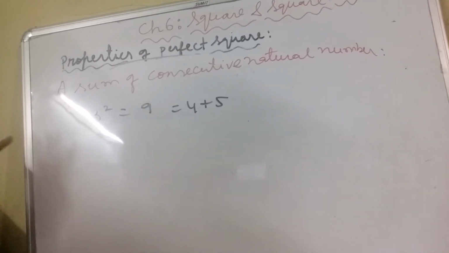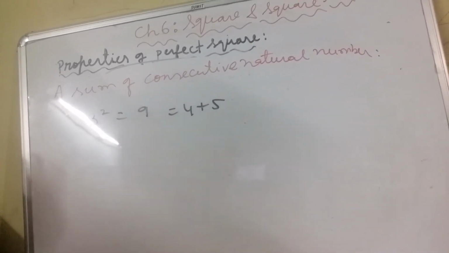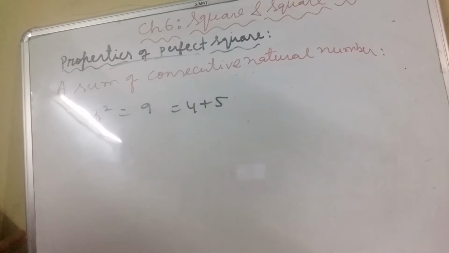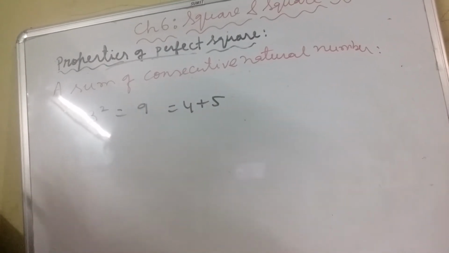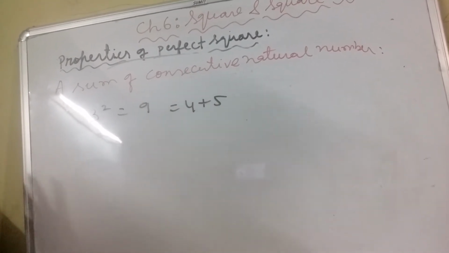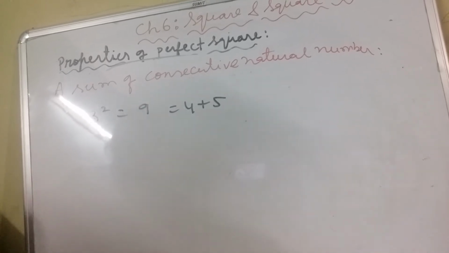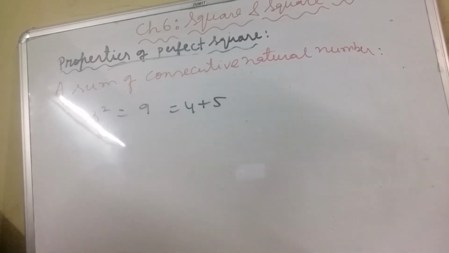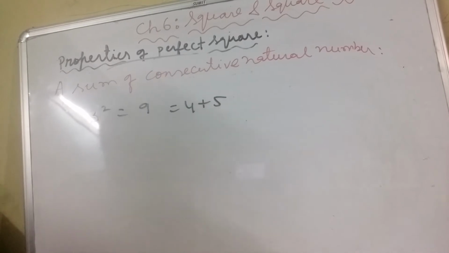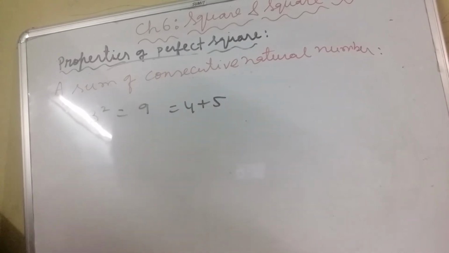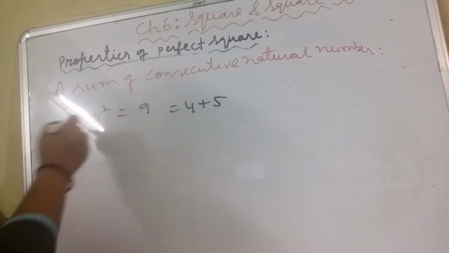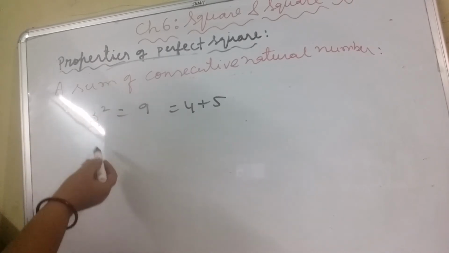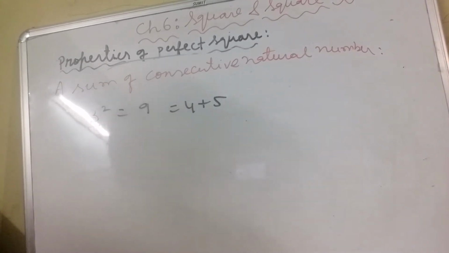The next pattern or property that we will study is the sum of consecutive natural numbers. The square of any odd number can be expressed as the sum of two consecutive positive numbers. Take an example, 3. 3 is an odd number. 3 square is 9, and 9 can be written as 4 plus 5.